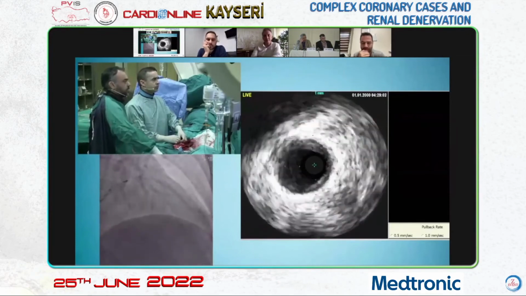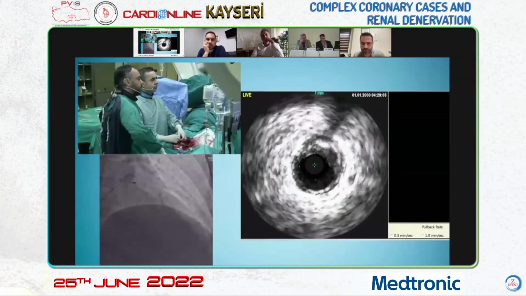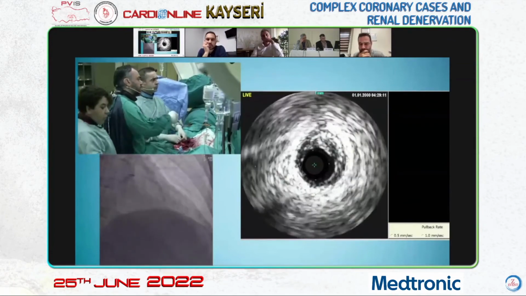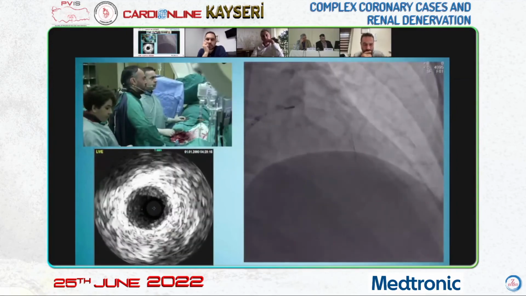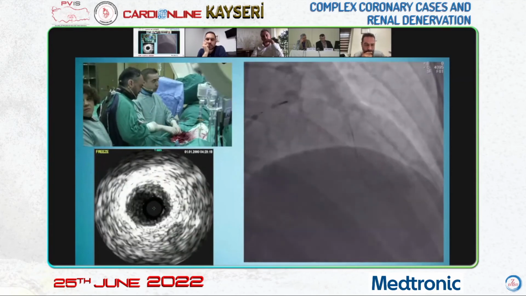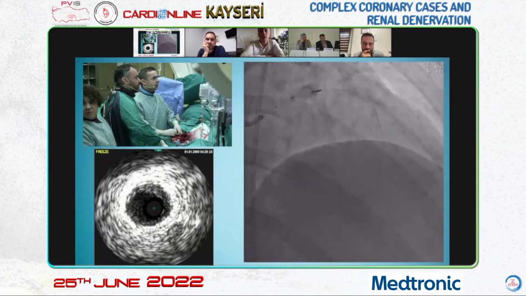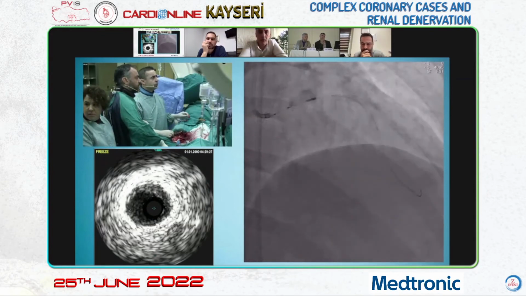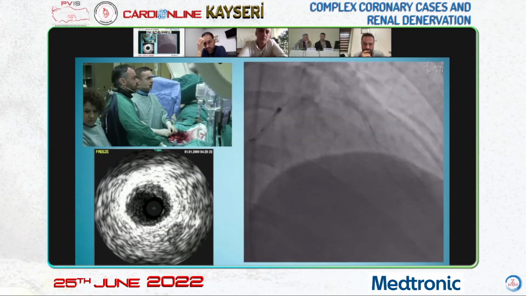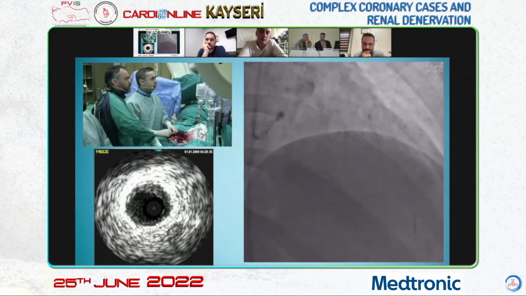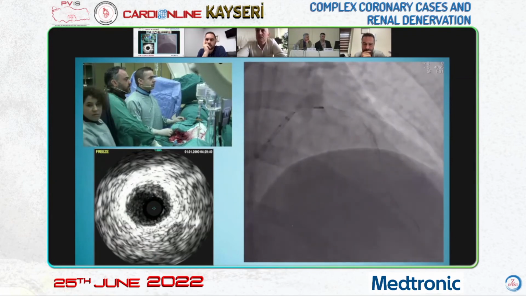We can treat this part as well. Sometimes the IVUS catheter can touch on the wire. From 6F guidelines, the IVUS can go in such cases.